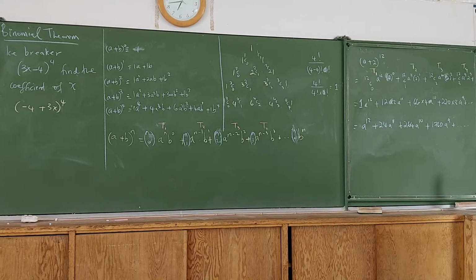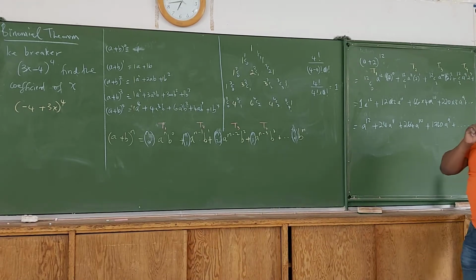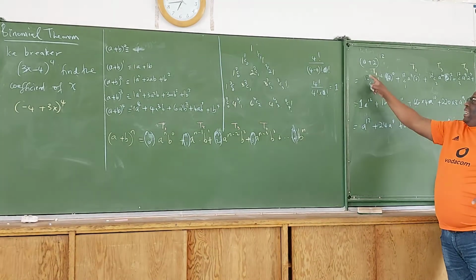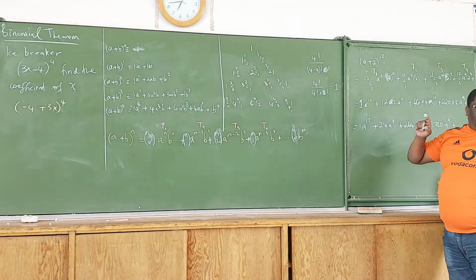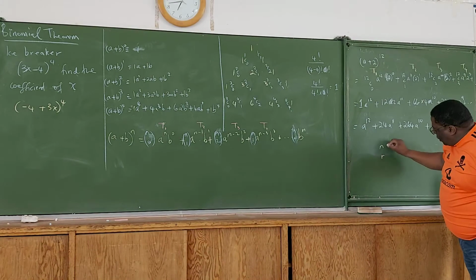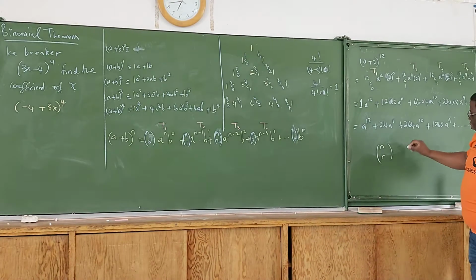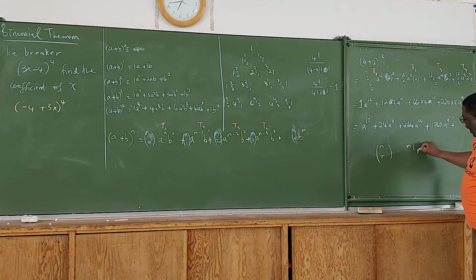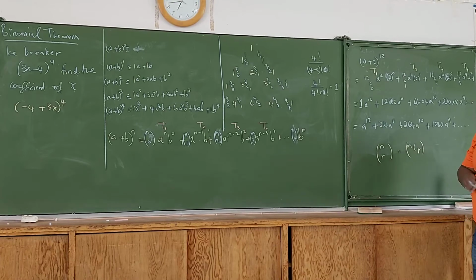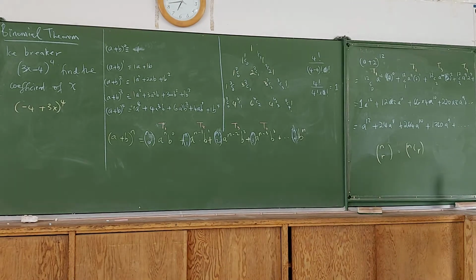Good. When you are dealing with 12C or nCr, when we are looking at nCr, this part that I'm talking about, when we are looking for the terms, this is the first term. There are certain things I want you to take note of.